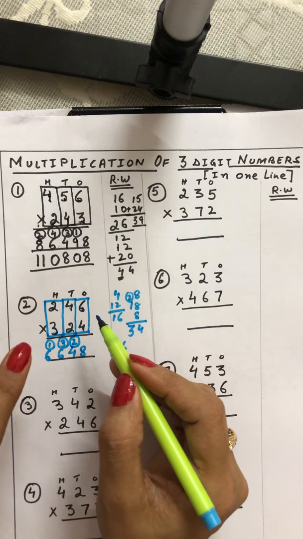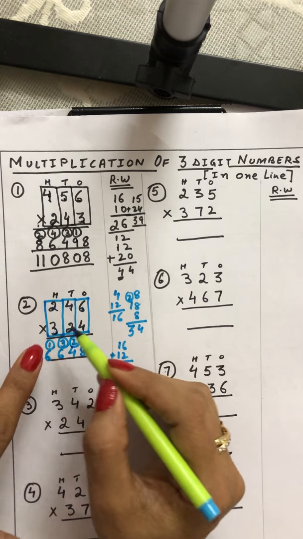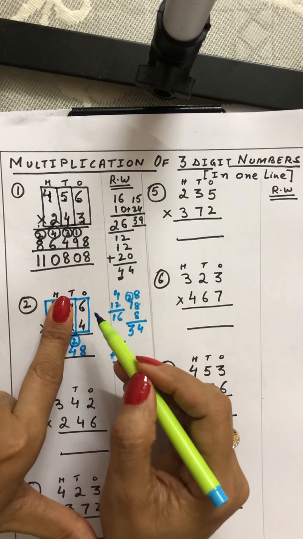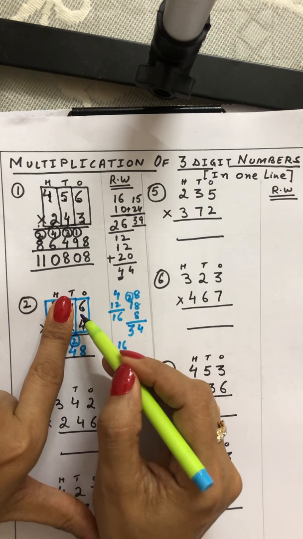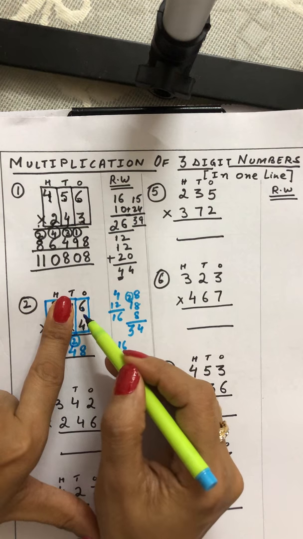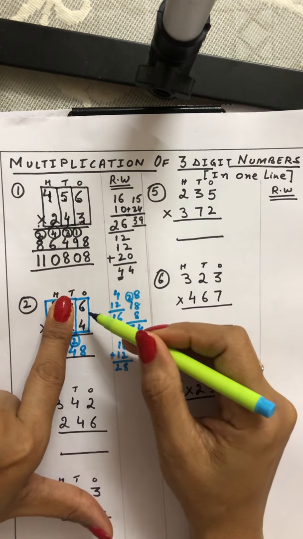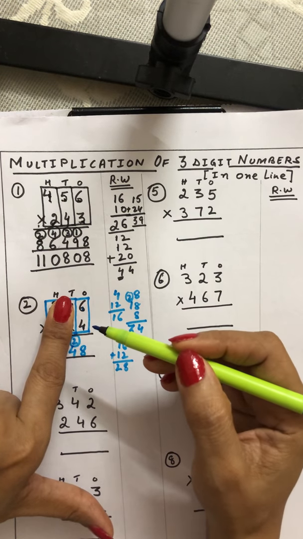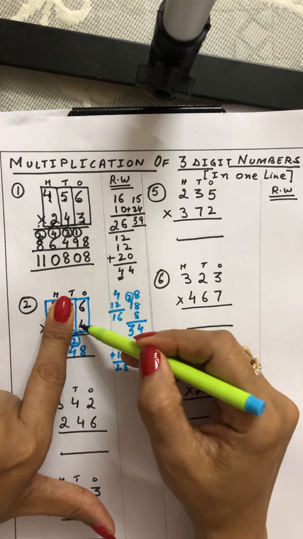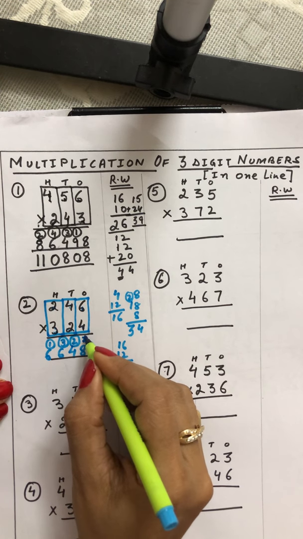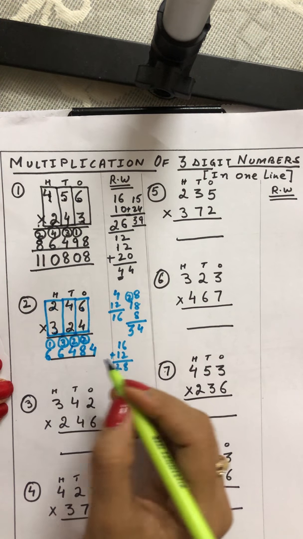So now, since earlier I was hiding only the hundreds column, now I have to hide the tens column also. So what remains? Only the ones column. I'll do vertical multiplication in this because there are 2 digits, one in the first row and the other in the second row. So I have no choice but to multiply them vertically. 6 4s are 24. In 24, 4 will be written here and 2 will be used as a carryover for the previous digit.